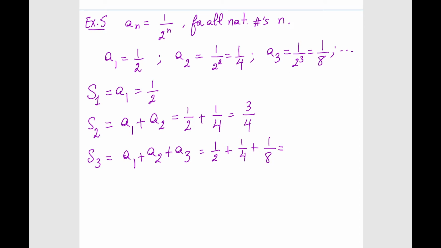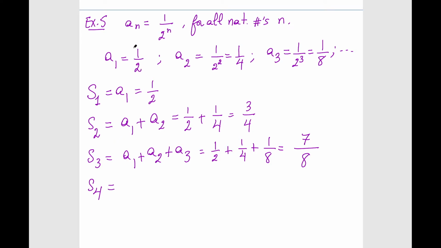If you use the same denominator, which is 8, I'm multiplying here by 4, so that's 4, plus here I multiplied by 2, so 4 plus 2 is 6, plus 1, that's 7. So S3 is 7/8. Make sense?